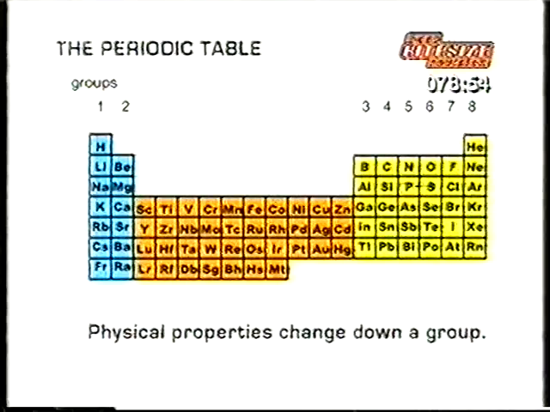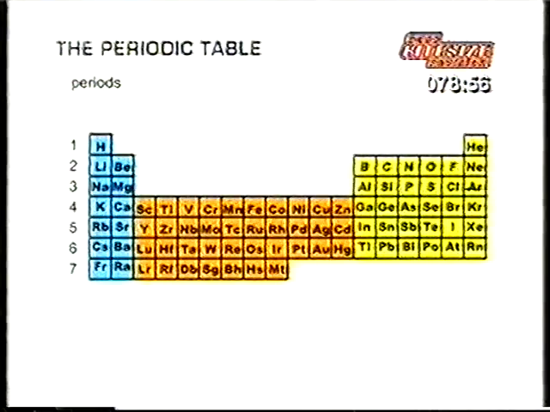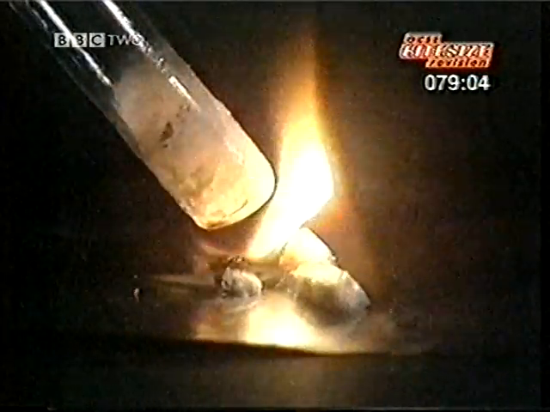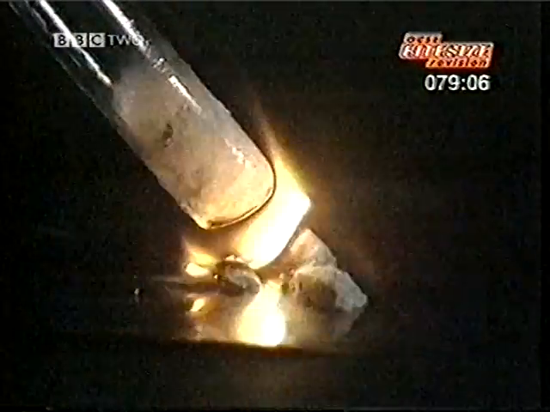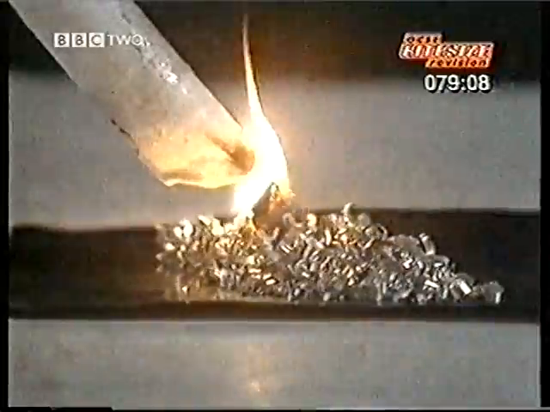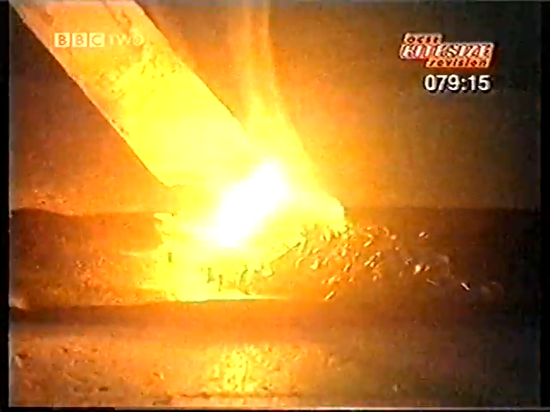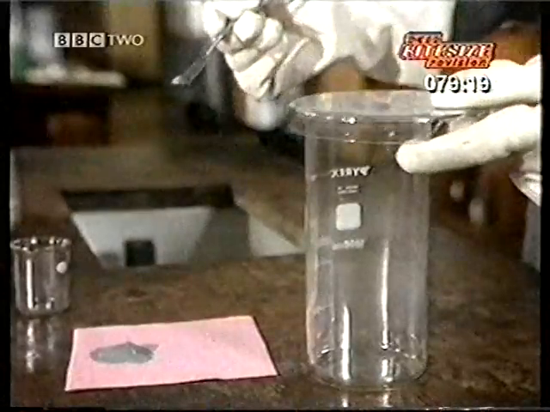Now, how do things change along a horizontal period? This clip shows how fluorine reacts as you go along the period from sodium to sulfur. This is fluorine and sodium. The reaction's fairly lively. So is the reaction between magnesium and fluorine. And now aluminium powder and fluorine.